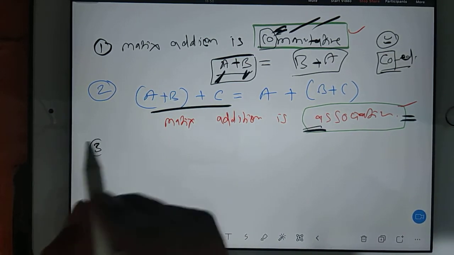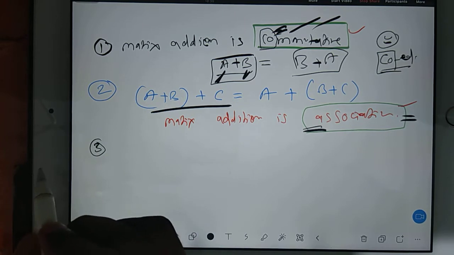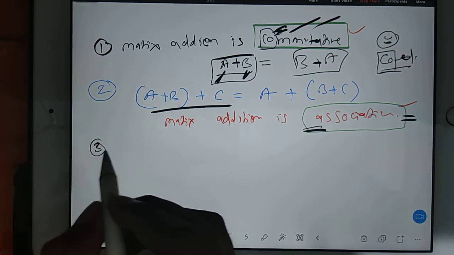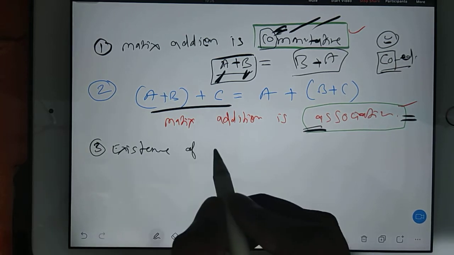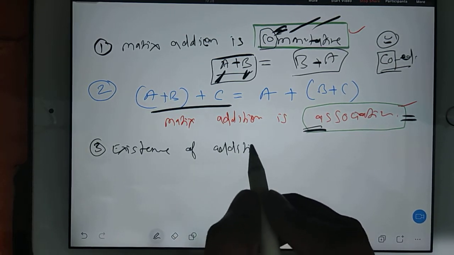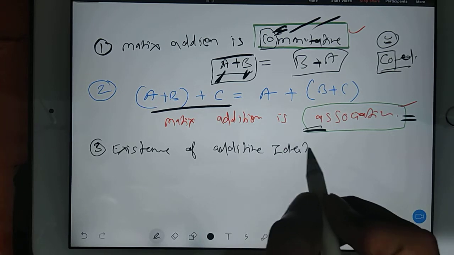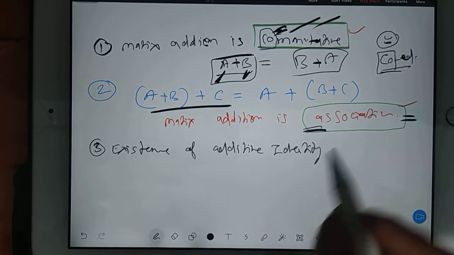Now we go for the third one: existence of additive identity. What does it mean?